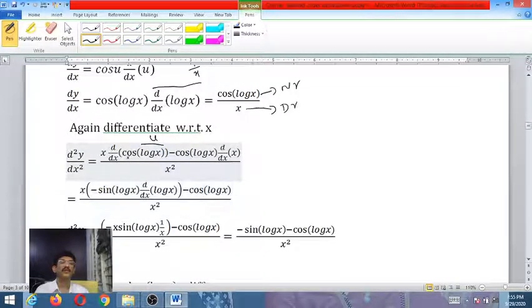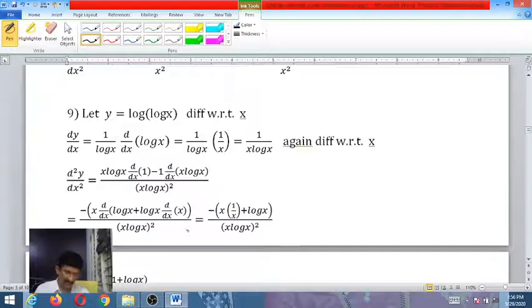What is the derivative of cos u? It is minus sine u into derivative of u. What is the derivative of x? It is 1 into 1. The derivative of log x again is 1 by x. So we can cancel this x and x. So it is minus sine of log x minus cos of log x by x square.